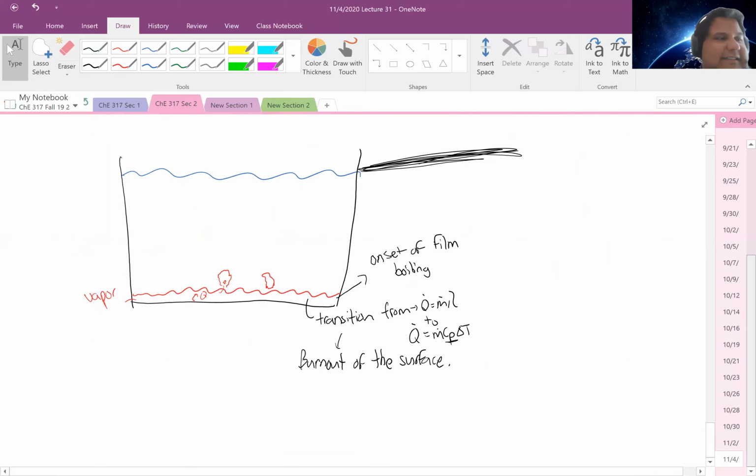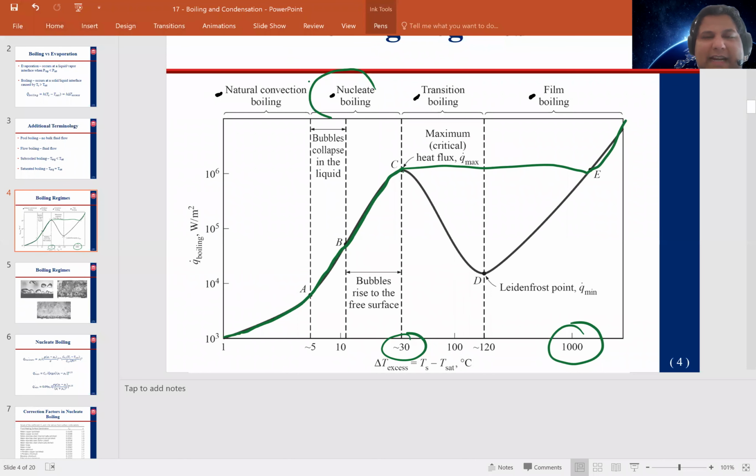And that's why, for all intents and purposes, when we operate our systems, we're going to be operating in this nucleate region. So I'll say operate here. Because like I said, once you get past that maximum critical heat flux, you get into film boiling and your system gets destroyed. You have a bad day.